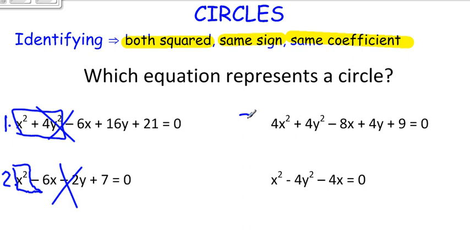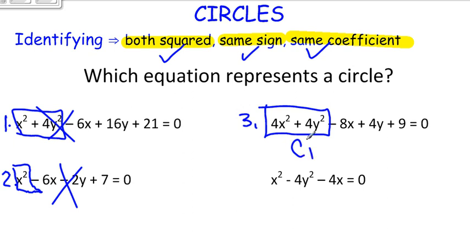And if we're looking at choice number 3, we are looking at both squared terms. Notice that they both have the coefficient of 4, and they are both squared, and they both are positive terms, so therefore this one would classify as our circle.